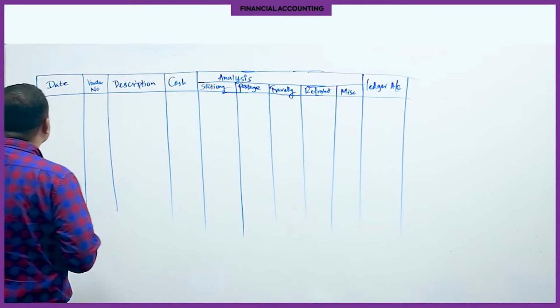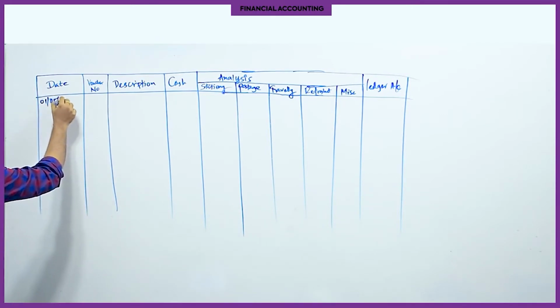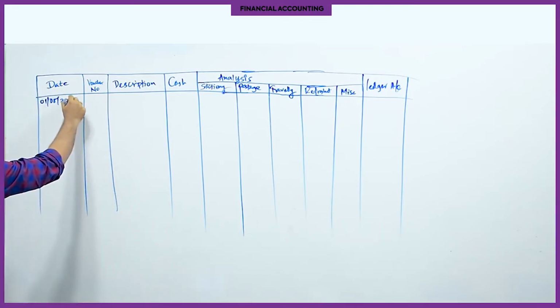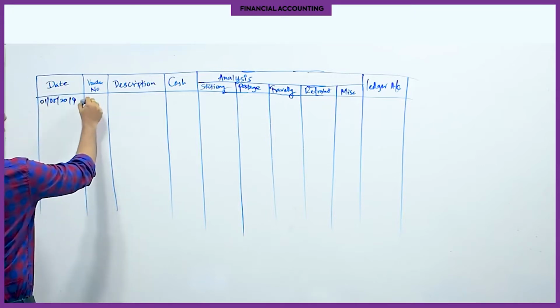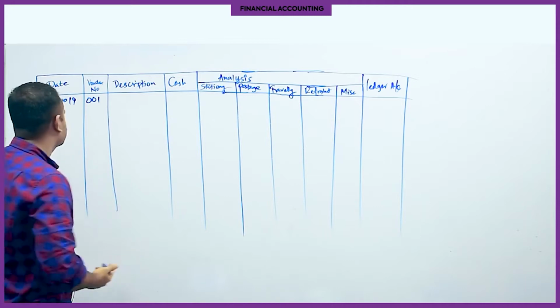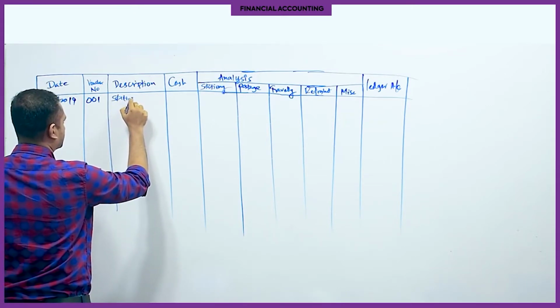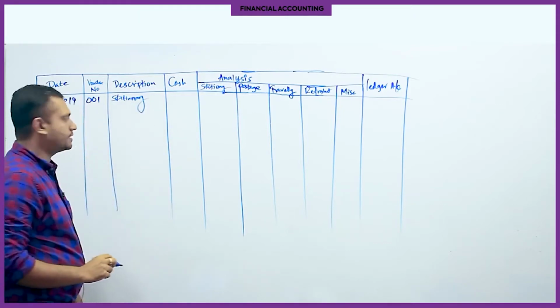So the date is 1st of August 2019, let us say, the voucher number is 1001, the description is stationery, and the amount is 200.